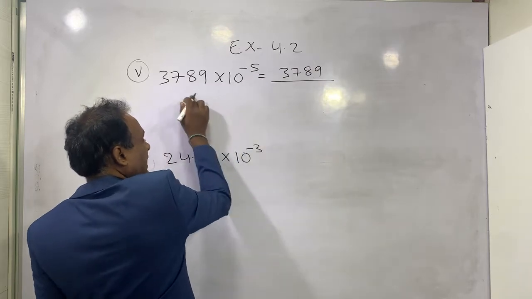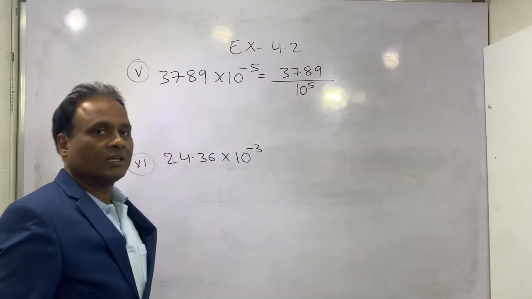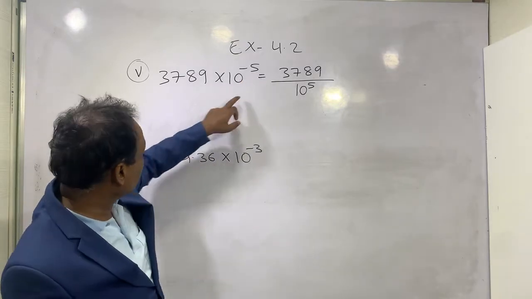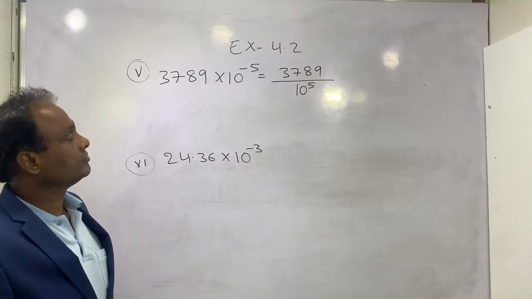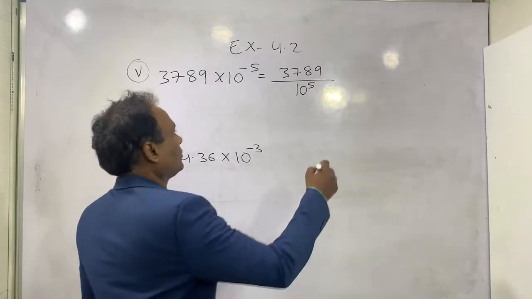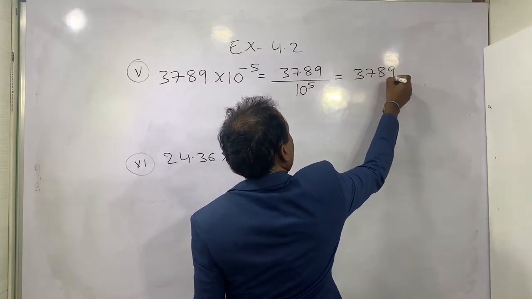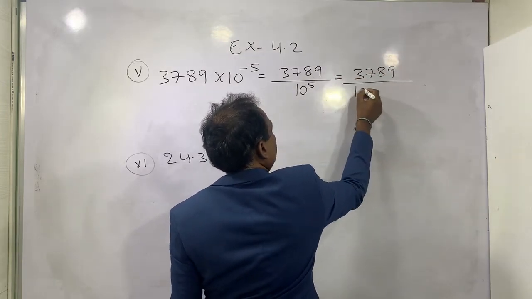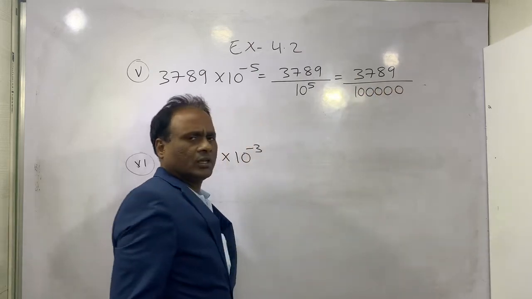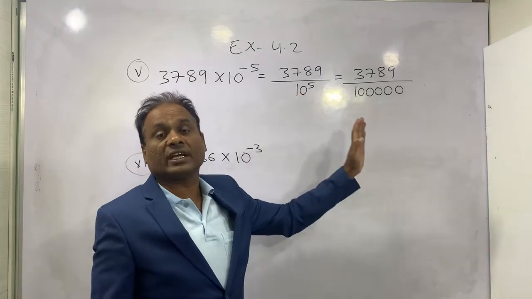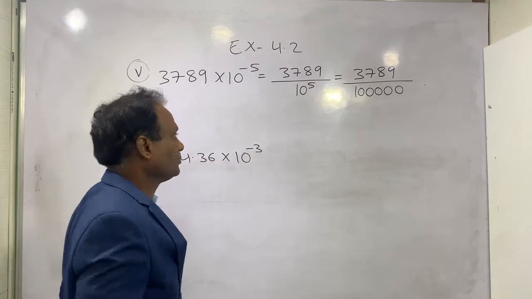Power minus 5, right in the denominator it becomes 10 power plus 5. Next. 3789 by 10 power 5 means 10 into 10 into 10, 5 times, which is nothing but 1 followed by 5 zeros.